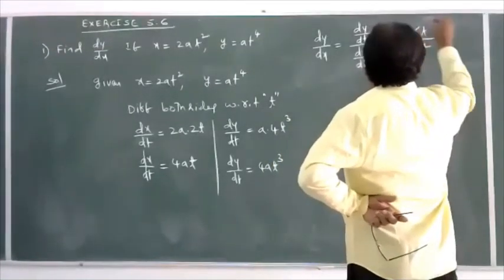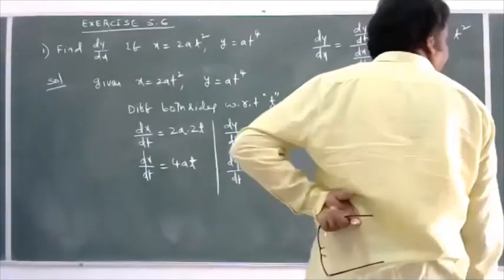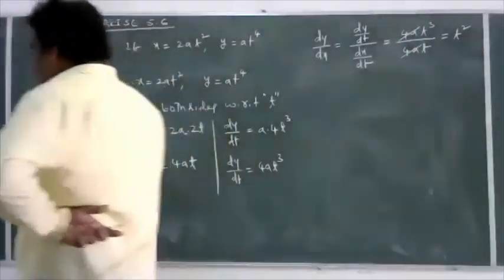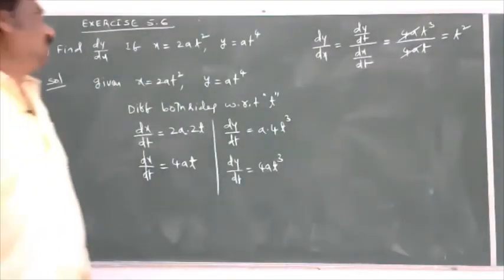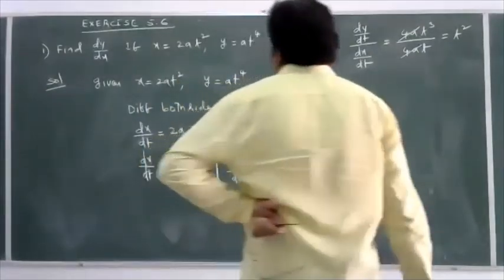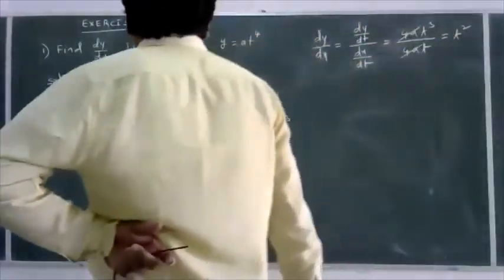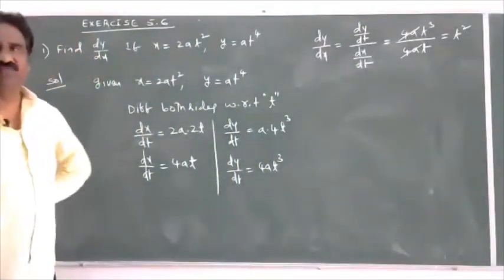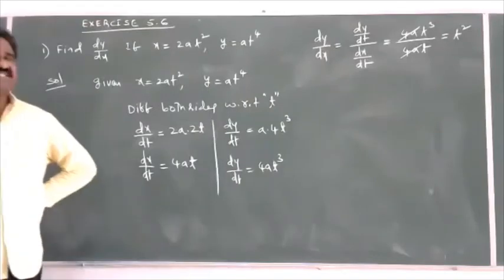So 4a cancels. This is t square. So for the given parametric equations, x is equal to 2a t square and y is equal to a t to the power of 4, dy by dx is equal to t square.